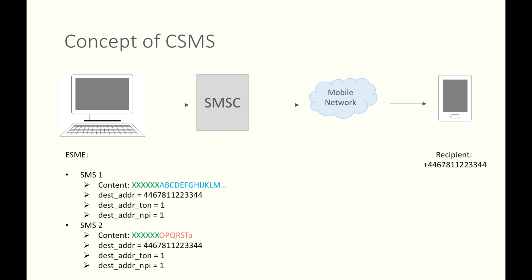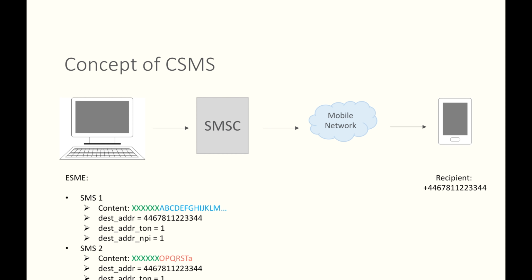Then all SMS parts will be sent to the SMS center. Then the SMS center delivers all those SMS parts to the recipient's device through the mobile network. Each SMS part has what is known as a user data header. The very header keeps the SMS parts in order so that the original message will be correctly recovered from the SMS parts in the recipient's device.